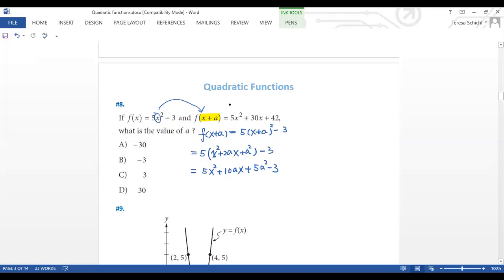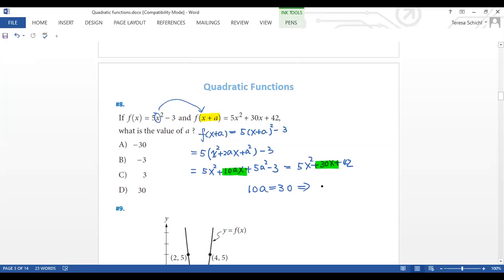Then it says this is equal to 5x squared plus 30x plus 42. So we know the similar terms have to be equal, right? So I see this is the x term, so 10a has to equal 30.